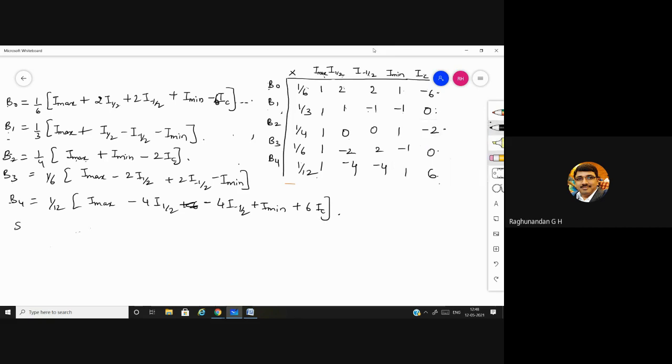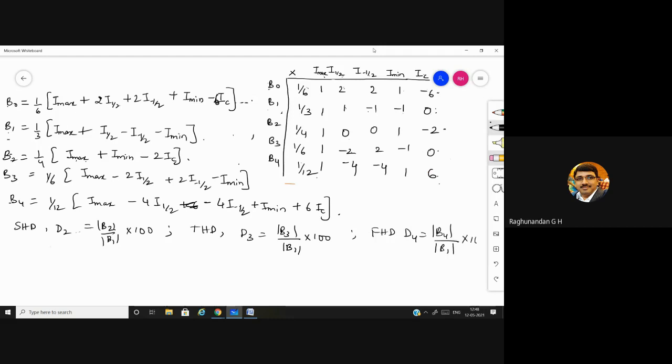So second harmonic distortion, we have D2 is equal to B2 by B1 into 100. Similarly, third harmonic distortion, D3 is equal to B3 by B1 into 100. Fourth harmonic distortion, D4 is equal to B4 by B1.